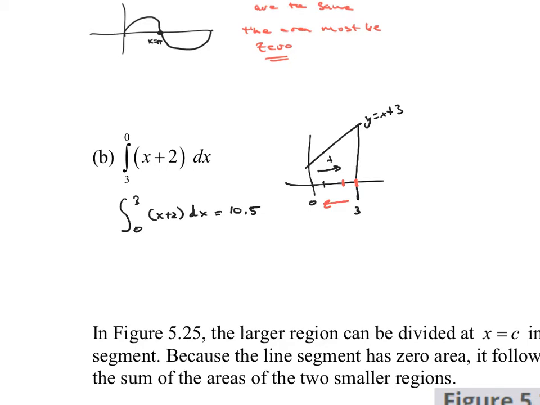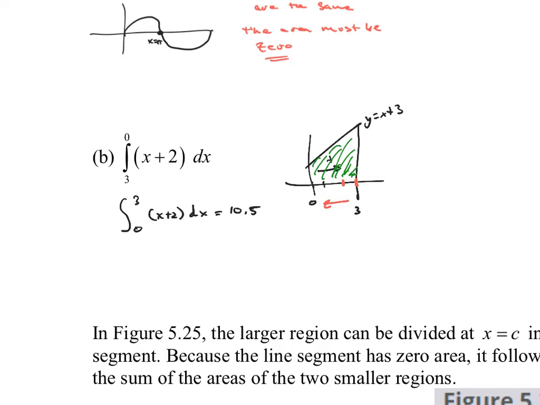So each one of those delta x's aren't going to be positive. Each one of those delta x's are going to be negative. So it's the same amount of total area. The area is exactly the same. We're just doing it in the other direction. Doing it in the other direction doesn't change the value, so it doesn't change the answer of 10.5. All it does is change the sign.